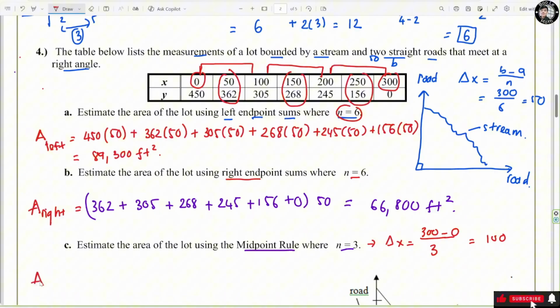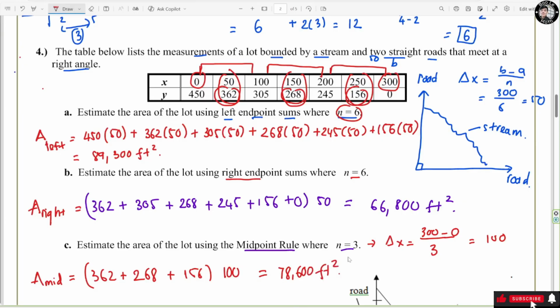So you have the area using the midpoint. It's going to be the height is 362 plus 268 plus 156, and then multiply by the width, which is going to be 100. They are the same width, right? So the answer must be 78,600 square feet.